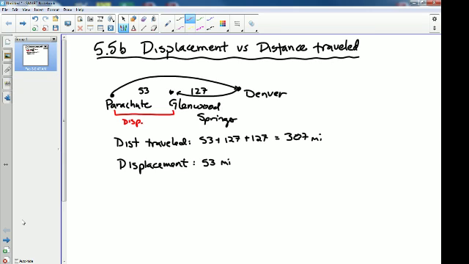So how would I note this in calculus terms? This can be written as such.